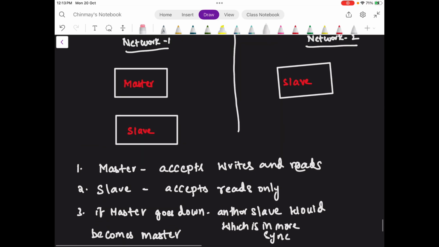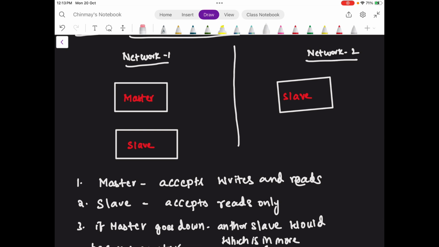How does it work? Let's understand very clearly. If a write request comes to the master, the master will replicate those writes to the slaves asynchronously. Replication happens asynchronously.